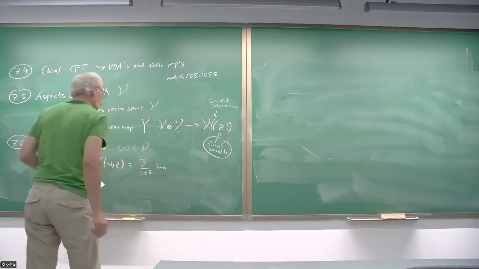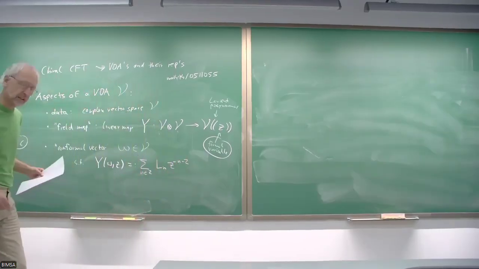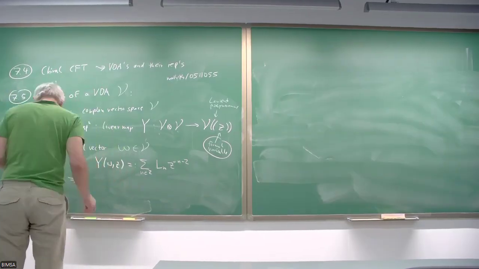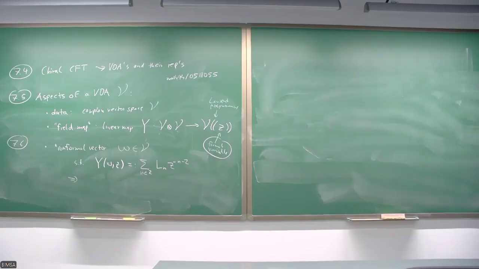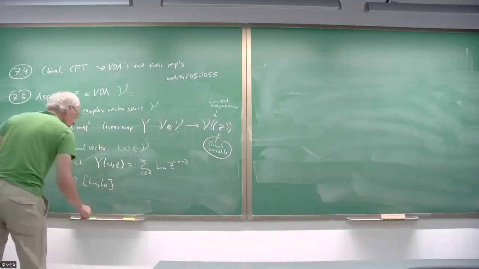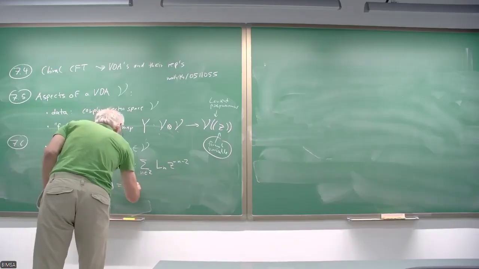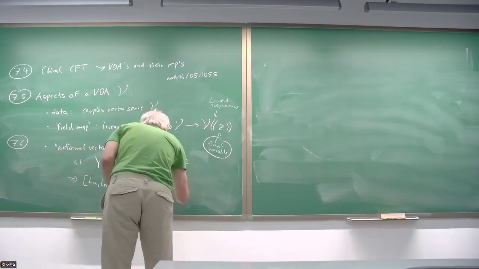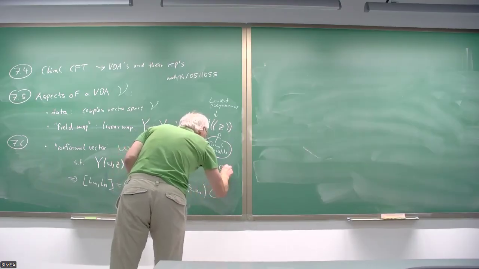I call the Laurent coefficients L_n, taking the coefficient of z^(-n-2). And then these Laurent coefficients L_n should satisfy the relations of the Virasoro algebra. So the commutator or the Lie bracket of L_m and L_n is given by (m-n) L_(m+n) plus 1/12 (m^3 - m) times c, where c is a central element.